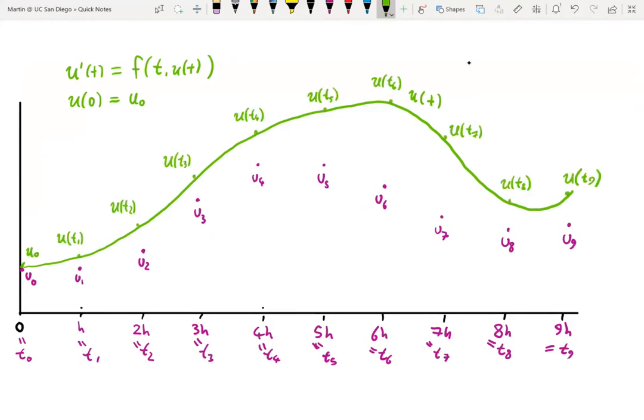So u1 is an approximation of u at time t1, u2 is an approximation of u at time t2, u3 is an approximation of u at time t3, and sometimes the approximations are quite good, and sometimes there's a significant error in the approximation. What the first error estimate is about is bounding the error in the approximation at these discrete time steps.